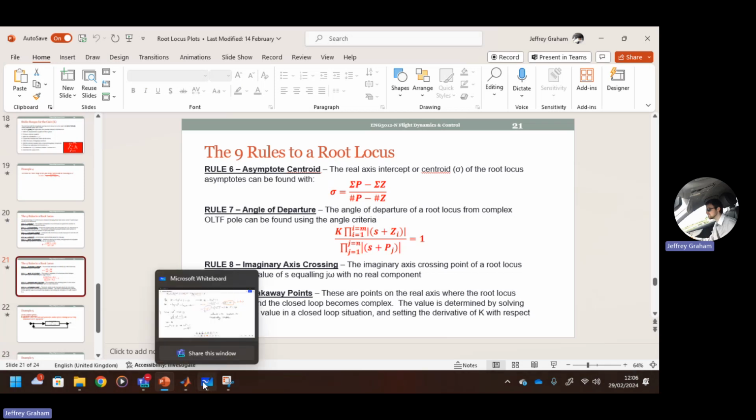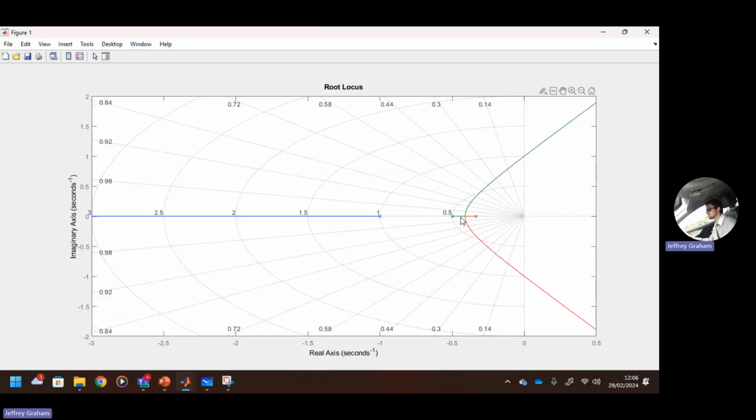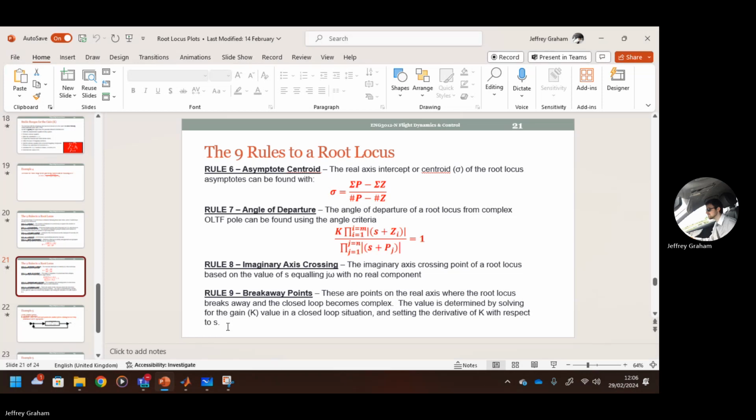So that is this bit here, where the green and red branch goes from the real axis into its point of symmetry. Just leaving the real axis has now got value for y. That particular location is determined by solving the gain when in the closed loop situation we differentiate and solve the roots.